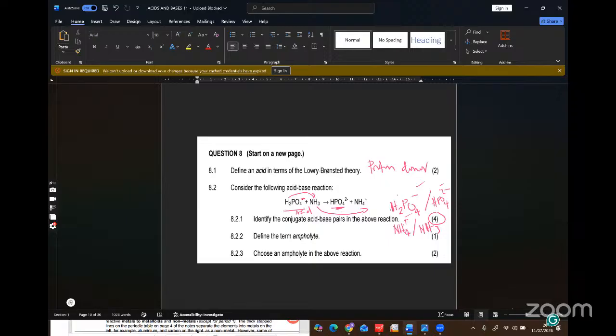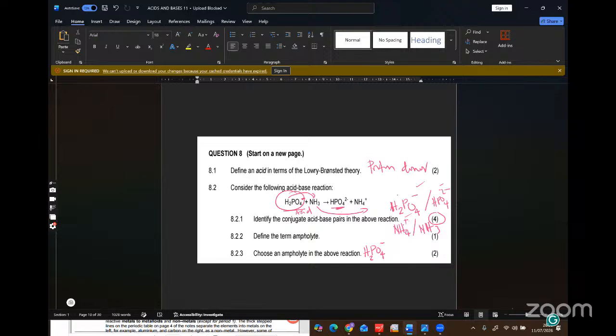Then define an ampholyte. An ampholyte is a substance that acts as both acid and base, or can act as an acid and a base. So choose an ampholyte in this reaction. There are two ampholytes here. The first one is your H2PO4 minus. The first one here is an ampholyte.